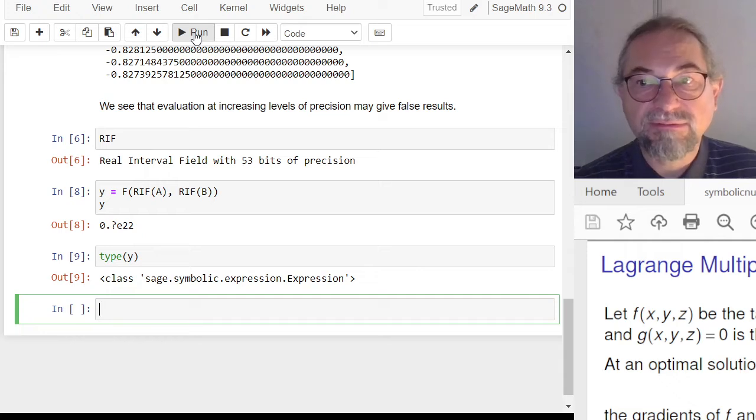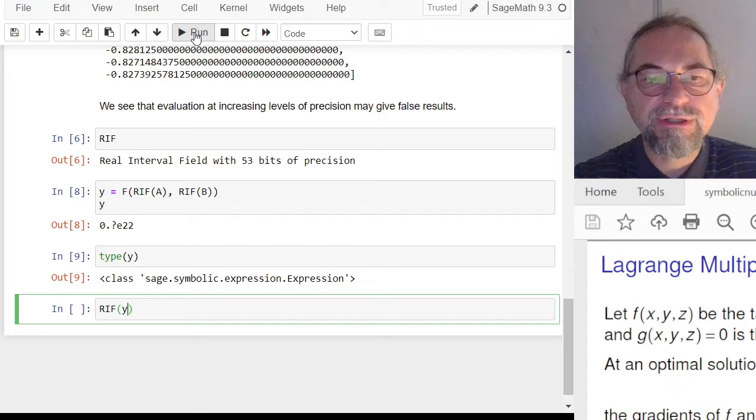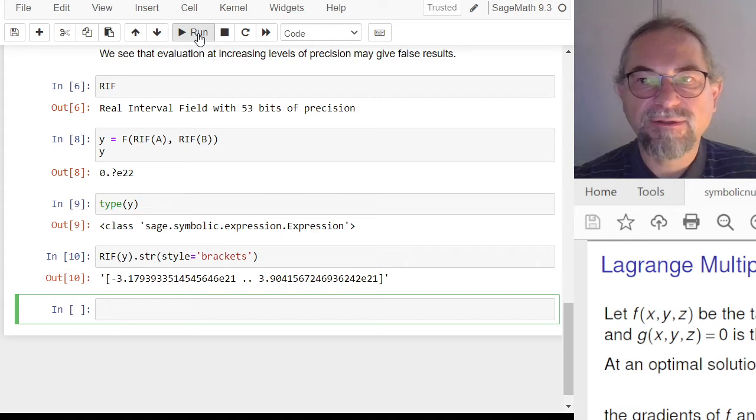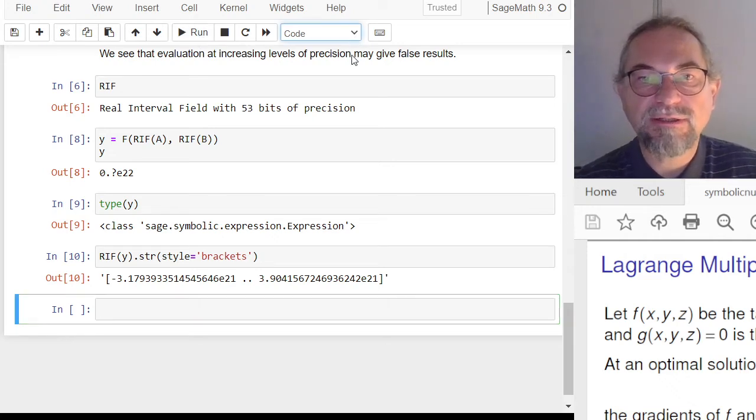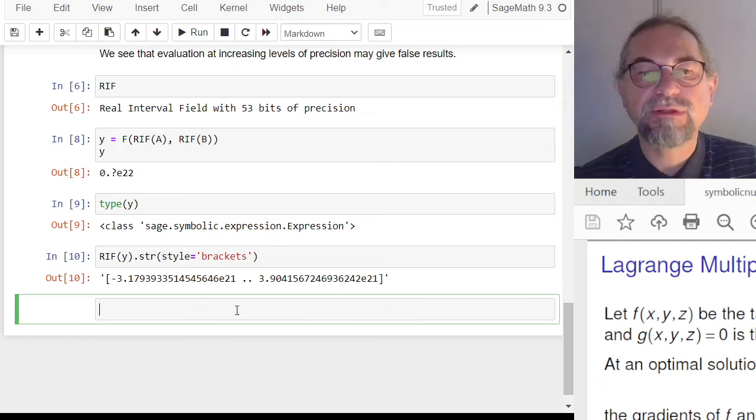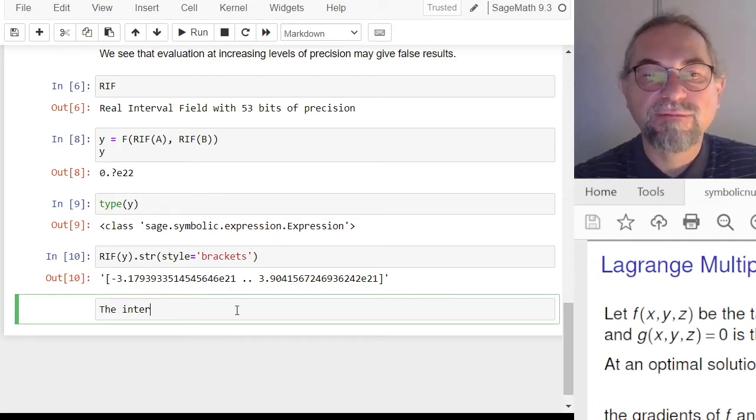So it is a symbolic expression, but we can coerce this into a real interval field, and I can ask to show this with the bracketing notation. So this is the long format. Observe that our interval is extremely wide. So in some sense this is a pointless result. The interval is very wide.